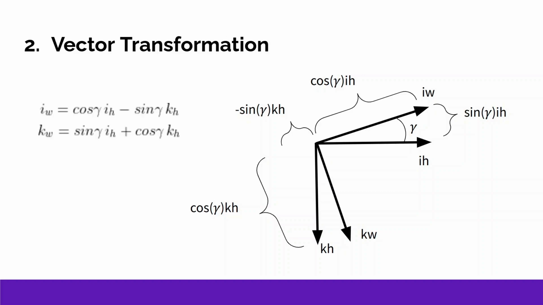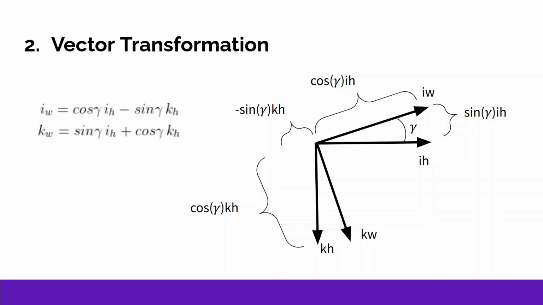So the projection of IH onto IW is going to be cosine of gamma IH. Because the projection is pointing in the same direction as positive IW, it is going to be a positive contribution. The projection of KH onto IW is going to be sine of gamma KH, and because the projection is pointing opposite to the positive IW, it is going to be a negative contribution.